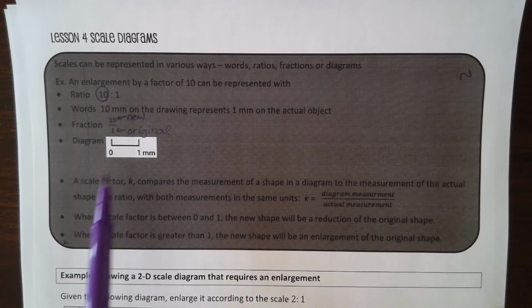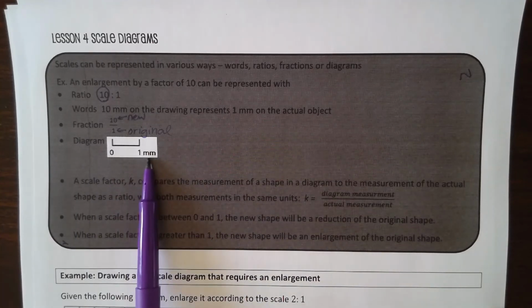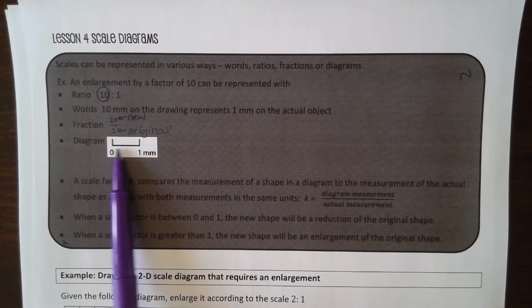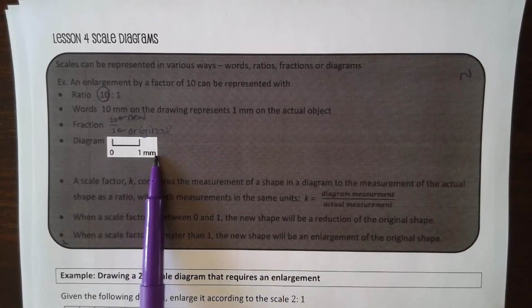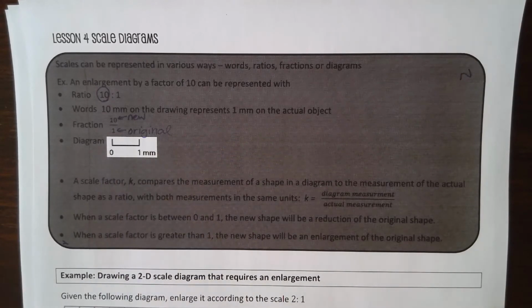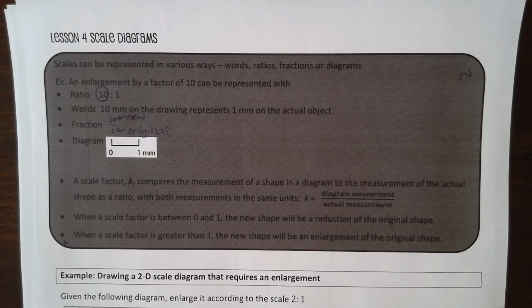It would be a map, and it would make a lot more sense looking at it on a map, right? We can see that this space here isn't 1 millimeter, right? It's 10 millimeters, but it represents 1 millimeter here. So the 10 is kind of implied in the diagram. We're not going to worry about using diagrams too much.